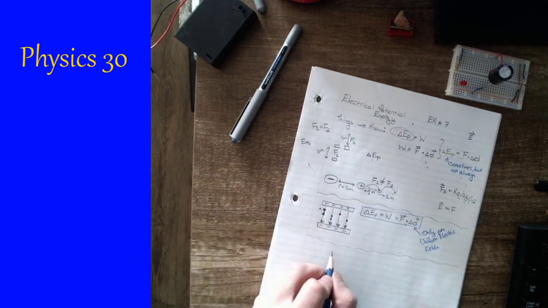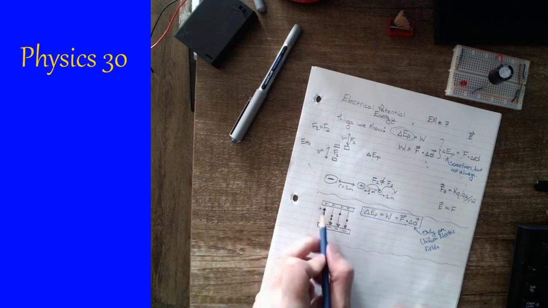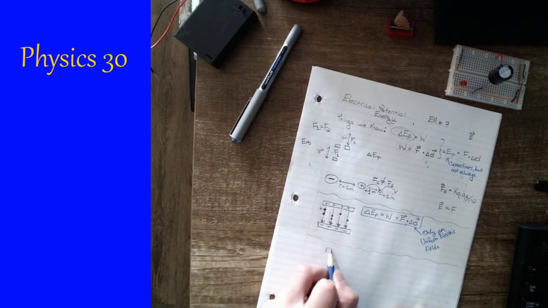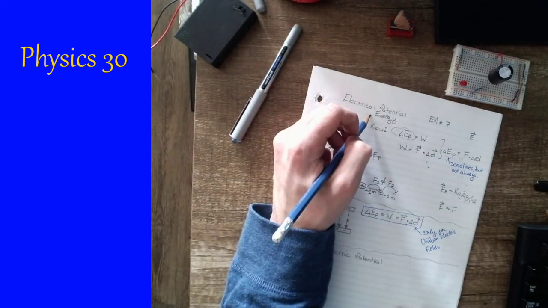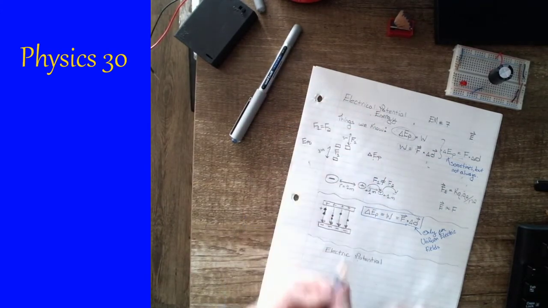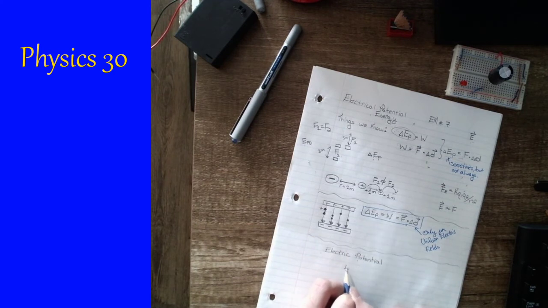However, what we can start to do, especially for this uniform electric field, is instead of describing this, we have a whole different thing called electrical potential, electric potential. Electric potential is related but not the same as electrical potential energy. Electrical potential is electrical potential energy, but for one unit of charge.